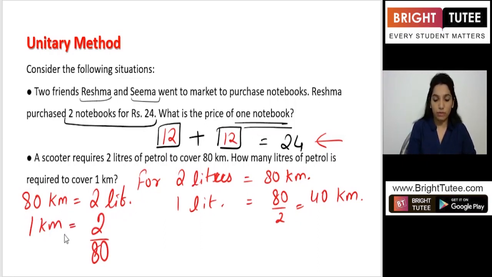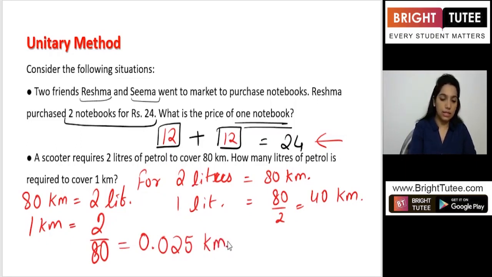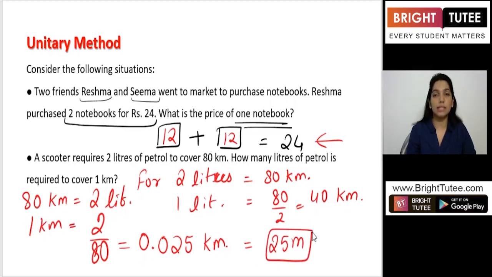So in order to travel 1 kilometer, we need 2 divided by 80. And if you divide 2 by 80, the answer will be 0.025 kilometers. Or if you want to convert this into meters, after multiplying it by 1000, the answer will be 25 meters. I hope this is clear.